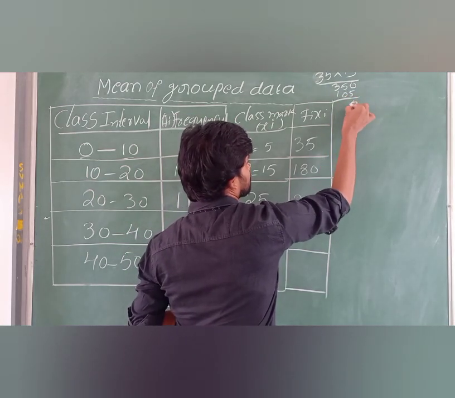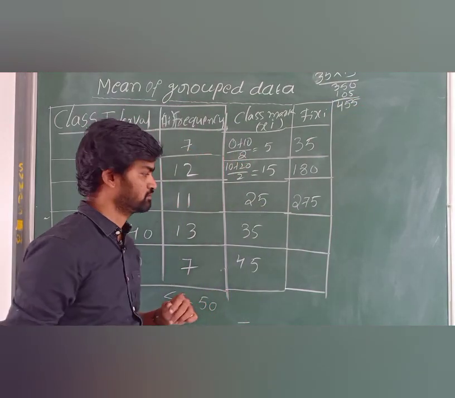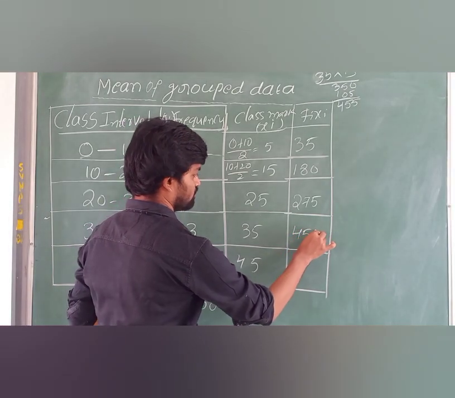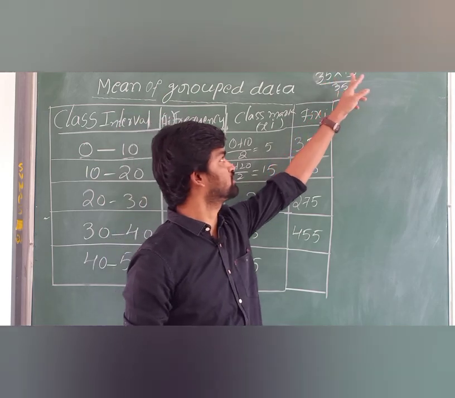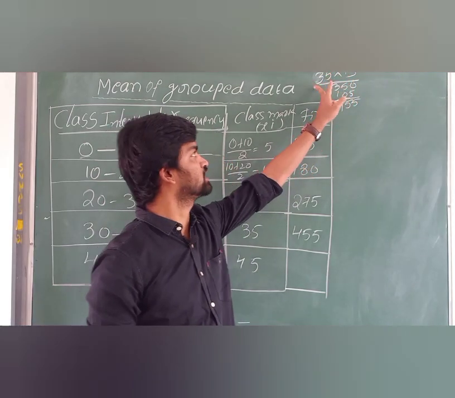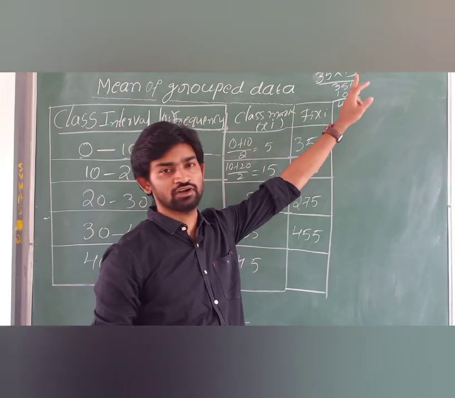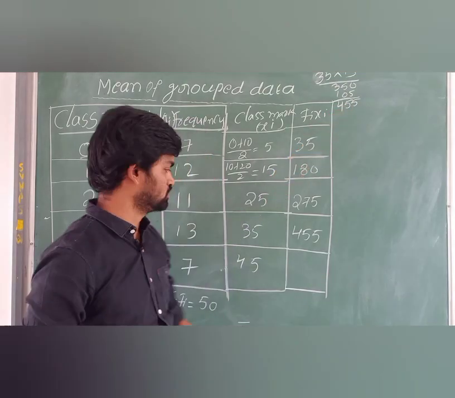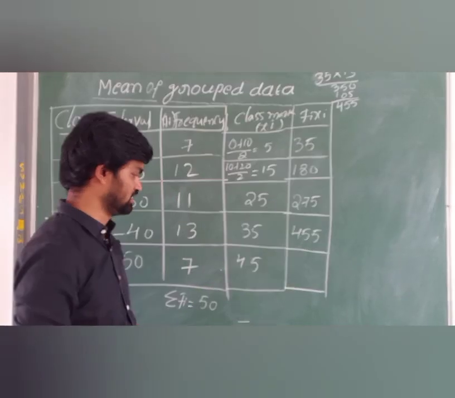Add them: 350 plus 105 is 455. Check one more time: 35 into 10 is 350, 35 threes are 105, so add, 455. In this way you can multiply easily.